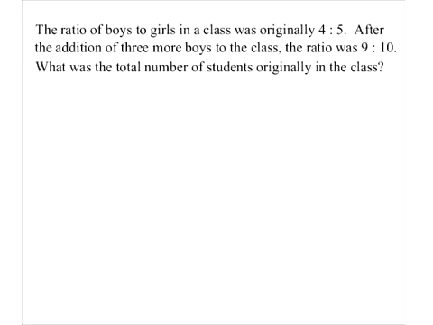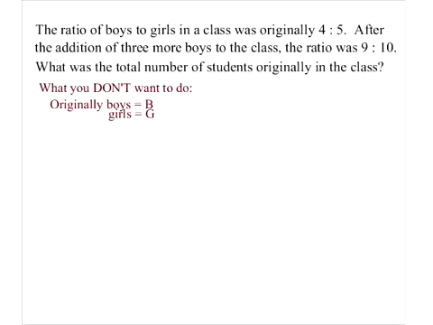So here's what you don't want to do. What you don't want to do is to say originally boys were B and originally girls were G, and then to set up this sort of proportion where you say B over G is 4 over 5. This is what you don't want to do, because this is very inefficient.